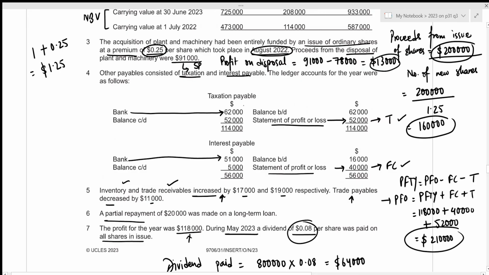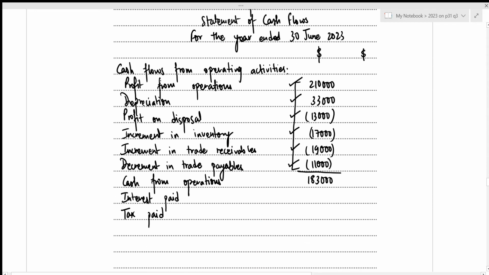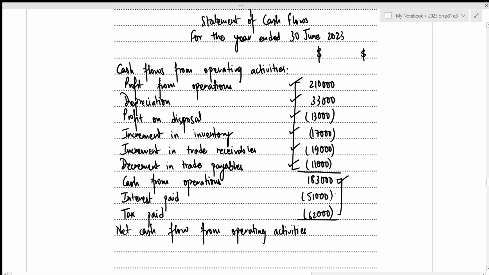We can see that the actual amount paid for tax was 62,000 and the actual amount paid for interest was 51,000. And both of these will be our cash outflow, which means that we will be subtracting these amounts. So for our interest paid, it was 51,000. For our tax paid, it was 62,000. Now we can easily calculate our net cash flow from operating activities. And that's going to be 183,000 minus 51,000 minus 62,000, which results in 70,000.